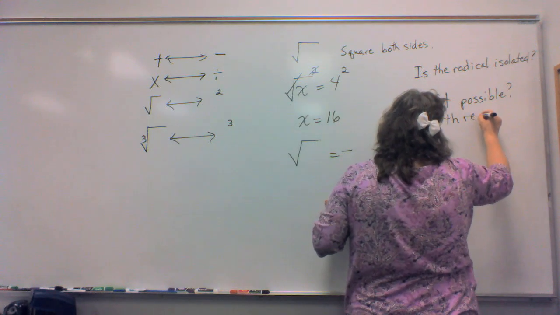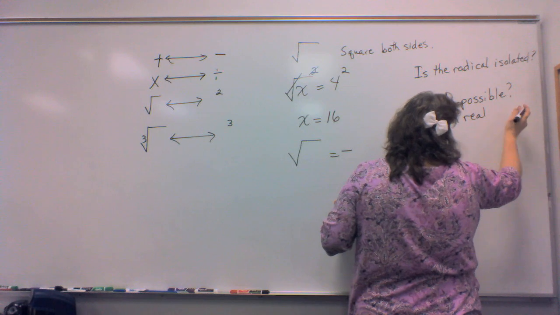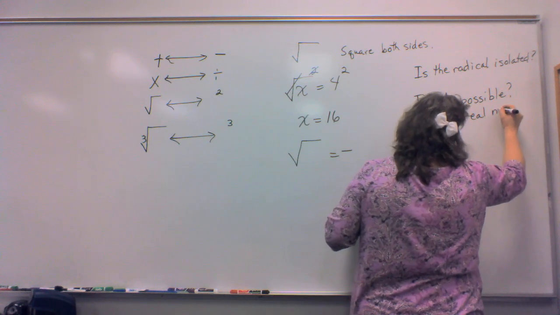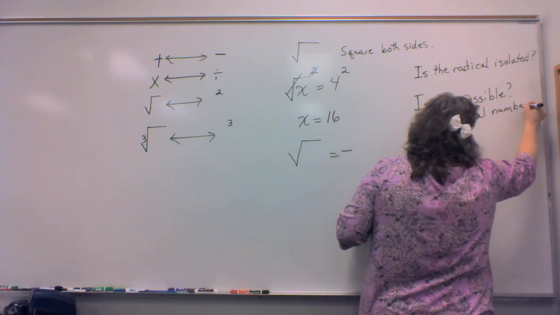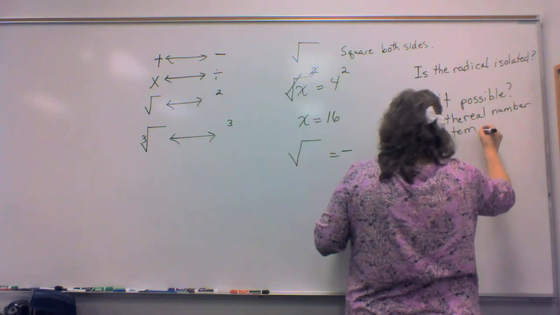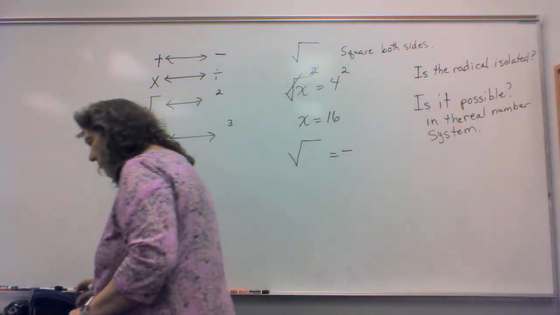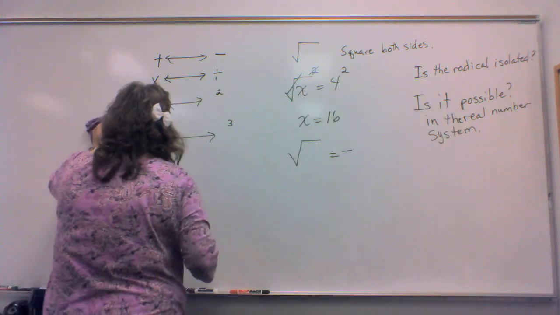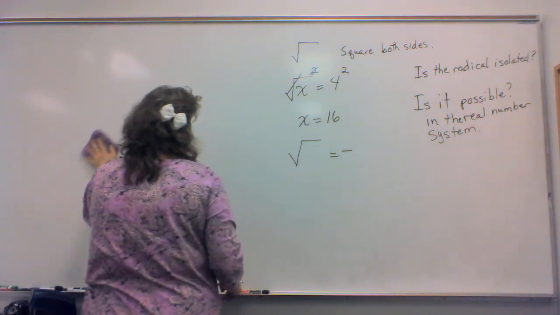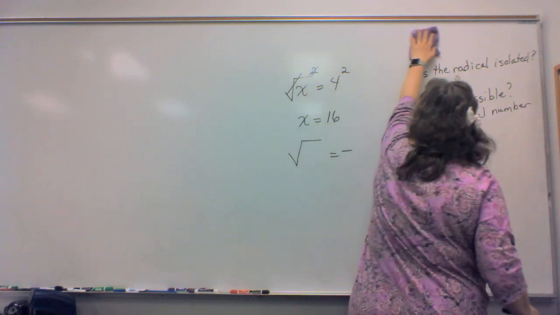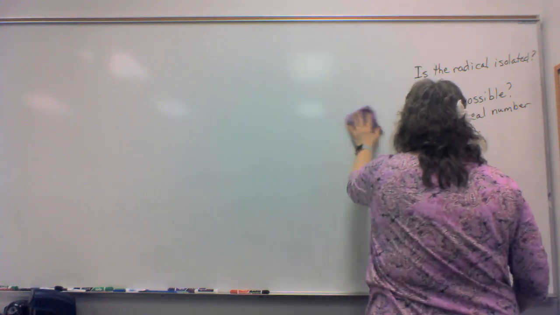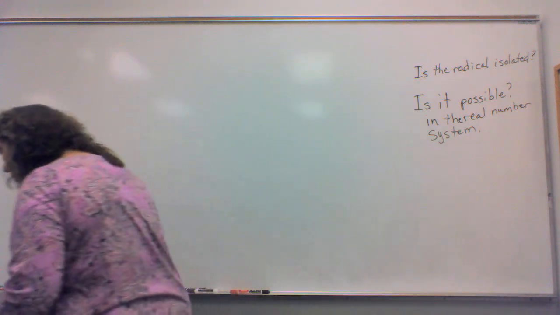In the next lesson, or the last one, we'll look at non-real numbers in the real number system, because you don't have any other system at this point in time. So let's look at some examples of solving these. I'm going to leave those two questions up here because we're going to use them over and over.